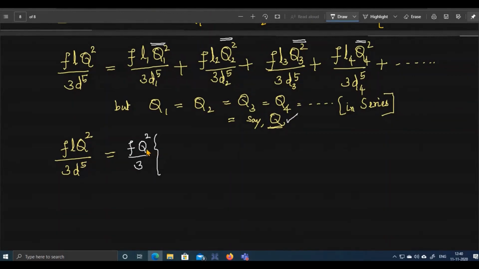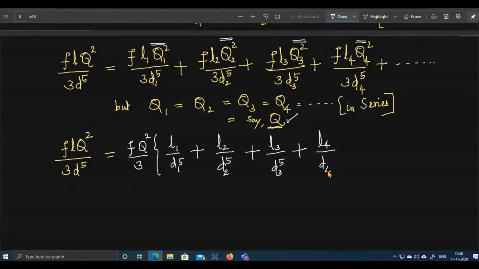Now the discharge is also common, because Q1, Q2, Q3, Q4, the discharge in each of the different portions, is the same as the original one. So fQ square divided by 3 times what is in the bracket: L1 by D1 raised to 5 plus L2 divided by D2 raised to 5 plus L3 divided by D3 raised to 5 plus L4 divided by D4 raised to 5, and so on.